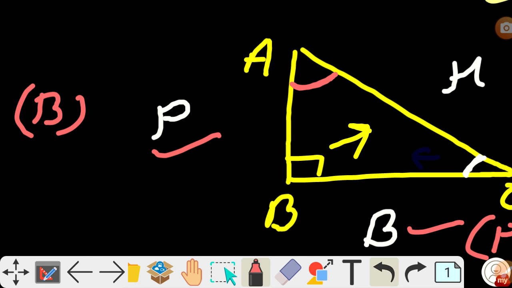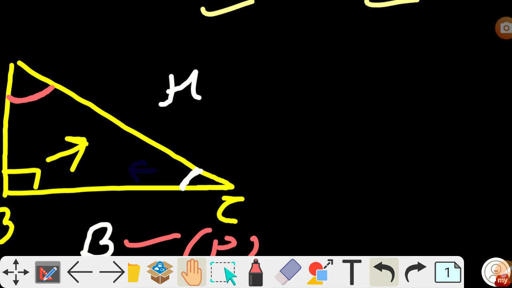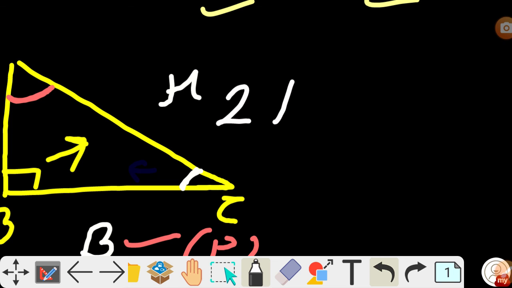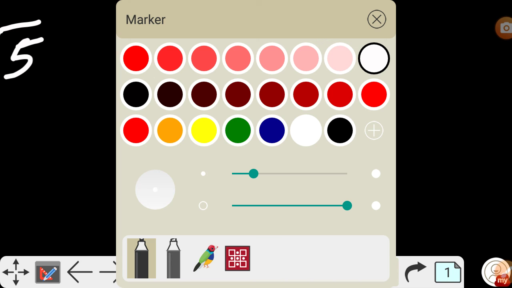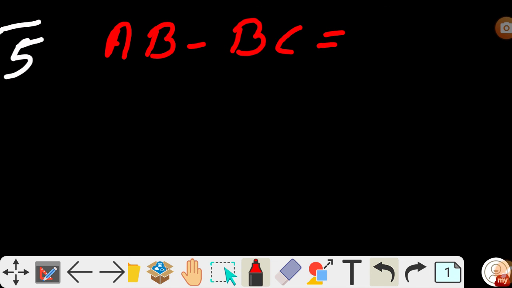So first we mention we have AC, which is 2 root 5. And the difference between two sides, AB minus BC, equal to 2.